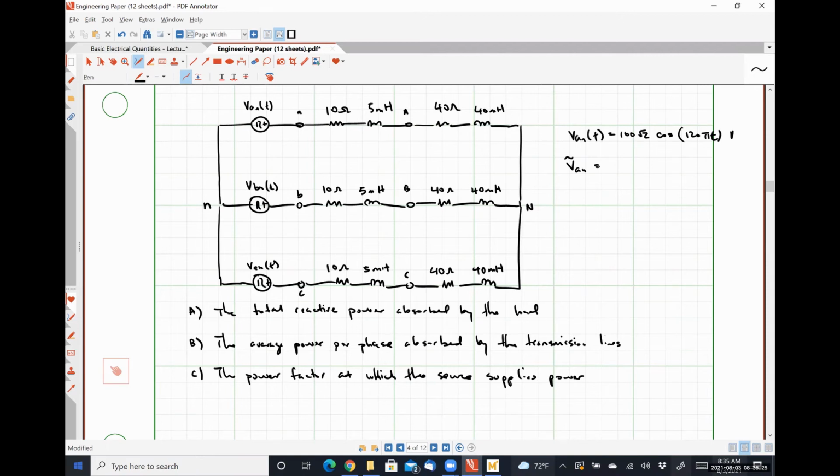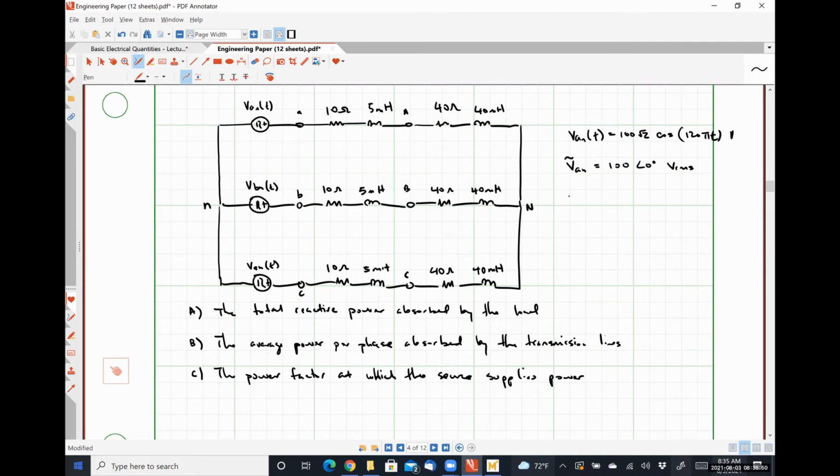Yeah, why wouldn't it be? Right. So to get to a phasor, we would have 100 square root of 2 angle 0. To get to an RMS phasor, we would divide that magnitude by the square root of 2, leaving us with 100 angle 0 degrees RMS.